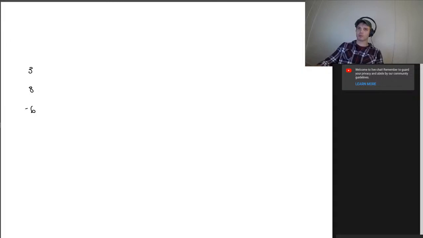Now, the row operation that we're doing is -2 times this row, and 1 times this row. We're just going to add those together.